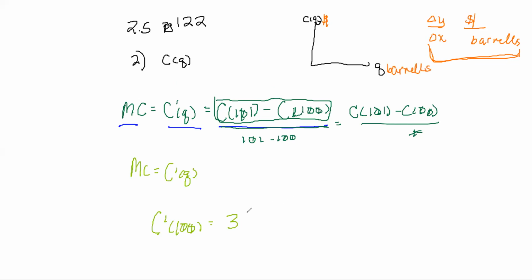What that means, conceptually, is that it's going to cost $3 more to produce this next barrel. Using the statement we made, 3 is equal to the cost of 101 barrels minus the cost of 100 barrels.